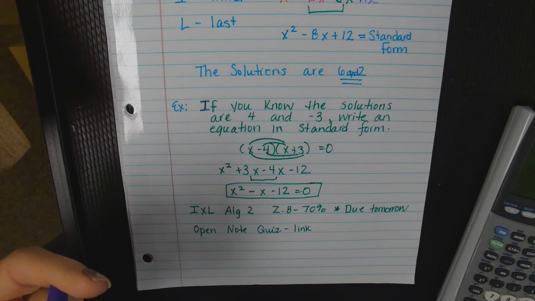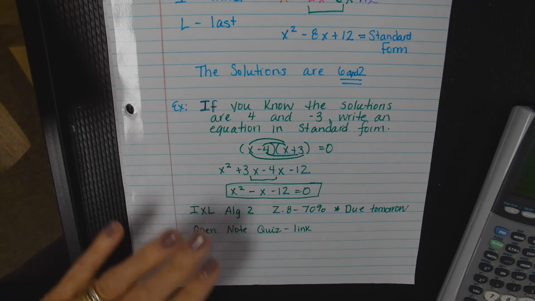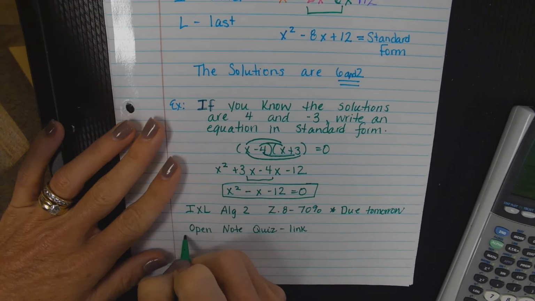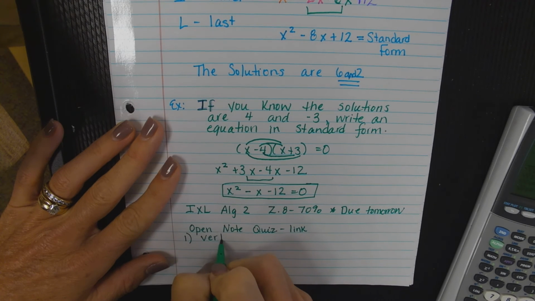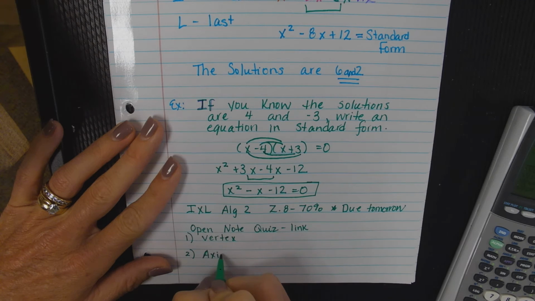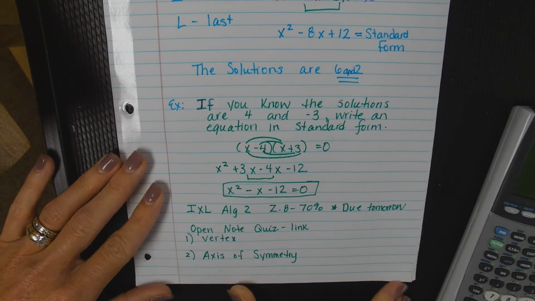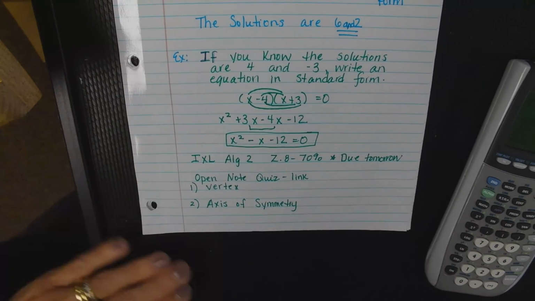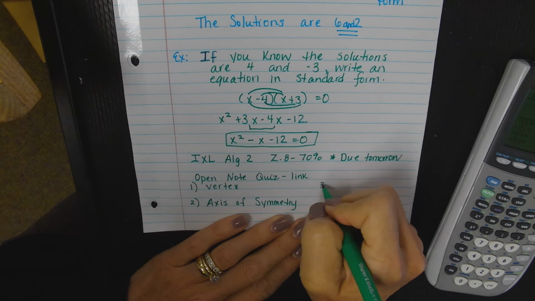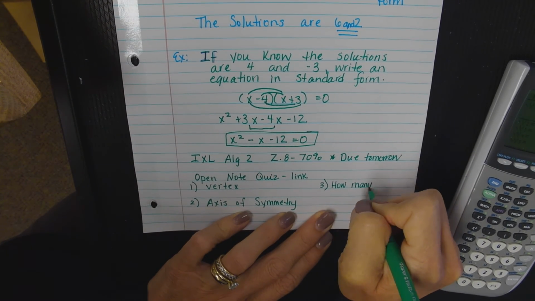Nothing too serious. What is going to be on it? I'm going to ask you questions like, what's the vertex? What is the axis of symmetry? Let's see how many solutions a graph has. That's pretty easy.